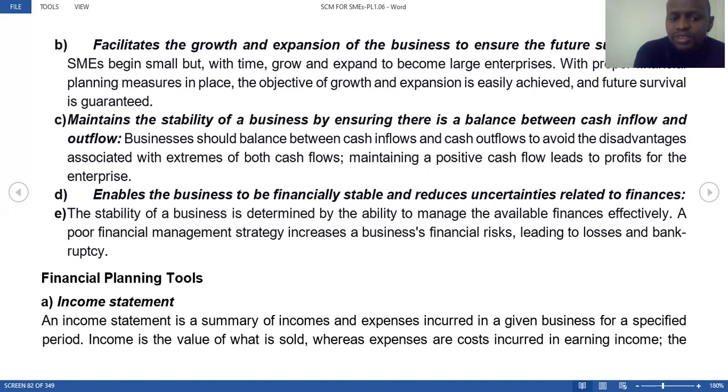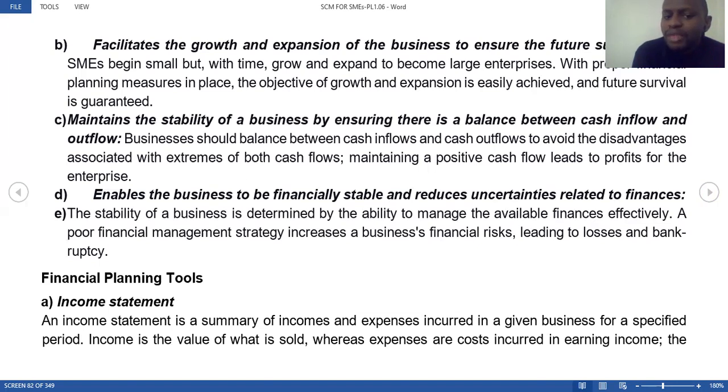Then the other thing is it enables the business to be financially stable and reduces uncertainty related to finances. So you'll be able to understand your business inside out, so that your business will be sustainable.